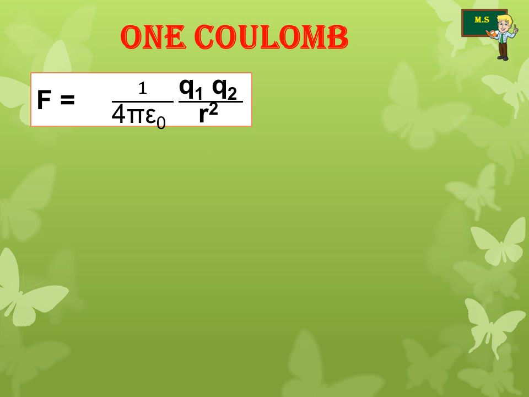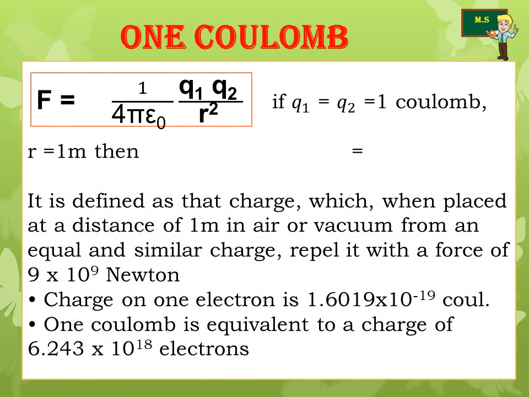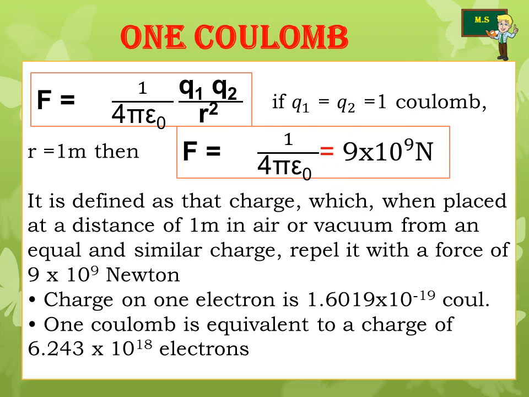If we take Q1 equal to Q2 equal to 1 Coulomb, that means the two charges are 1 Coulomb each and the distance between them is 1 meter, then F is equal to 1 by 4 pi epsilon naught, which is equal to 9 into 10 to the power 9.